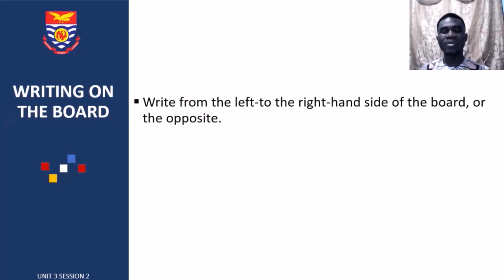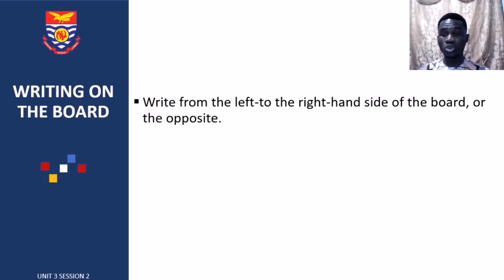When you are writing on the board, write from the left to the right-hand side of the board, or the opposite. You can also start from the right and move to the left-hand side. When you do this, it helps your learners follow the order in which you have been writing on the board. Understand that not all students are fast writers.